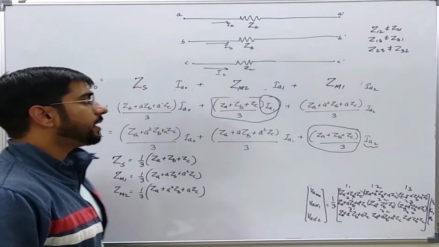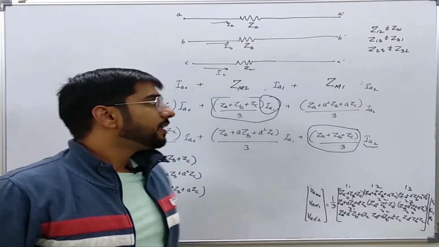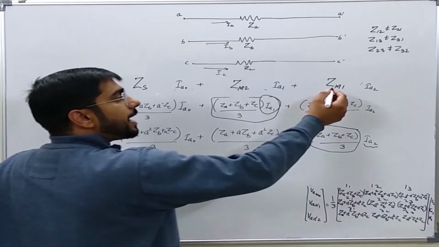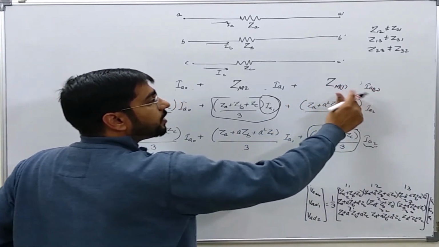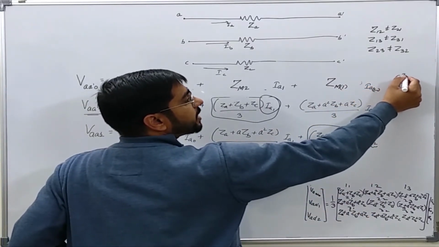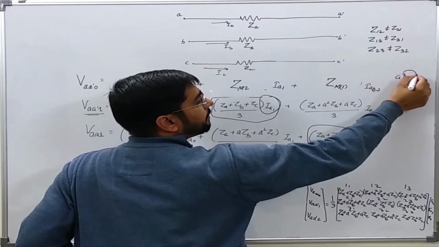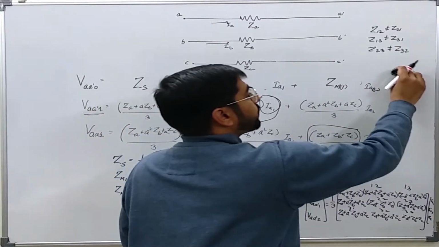So now you see that to memorize this shortcut to write this equation, there is a method. If I add the subscripts, this is 1 and this is 2. 1 plus 2 is equal to 3. As we know, a cube is equal to 1 only.